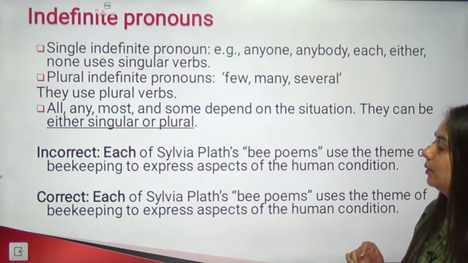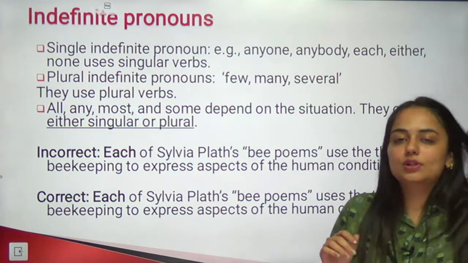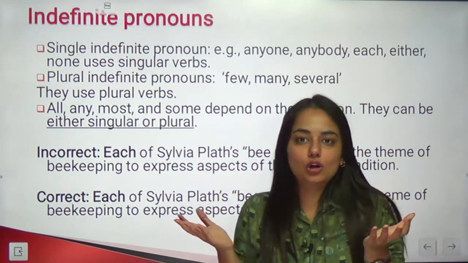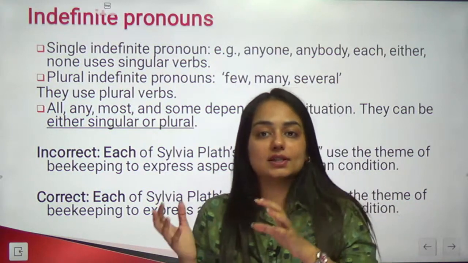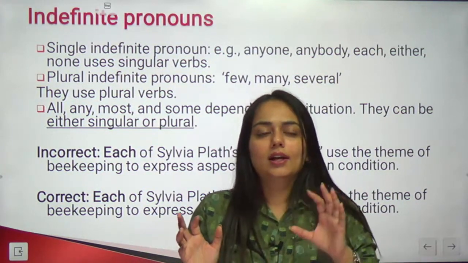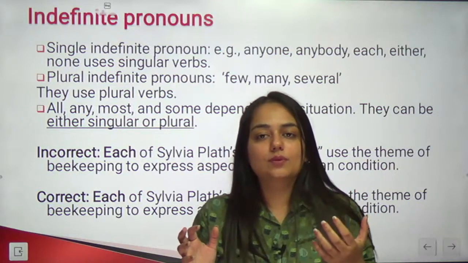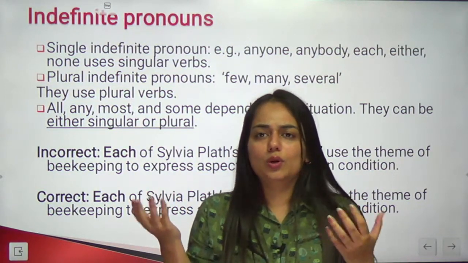Let's proceed further. Indefinite pronouns. We all know that pronouns are words that replace nouns. They come in place of nouns. Now, there are certain pronouns for which we do not know what the noun was.